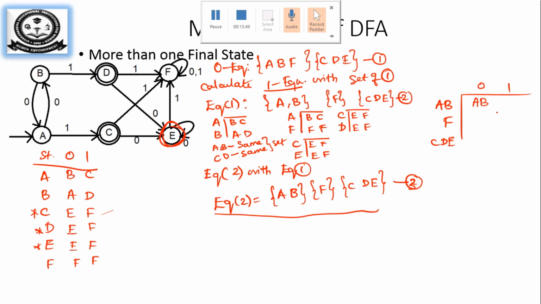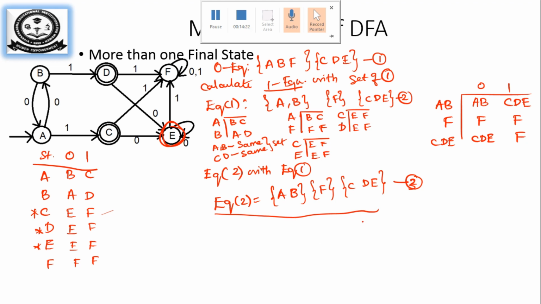And for 1, it again goes to C or D, okay. C, D, E are in same set, so you can write CDE here. Now F, on F of 0 and 1, it both goes to F itself, so there will be no change, so you can have F here. CDE, now check for CDE. So for 0 it goes to E, again it is CDE only, and for 1 it has to go to F, so you will have F here.